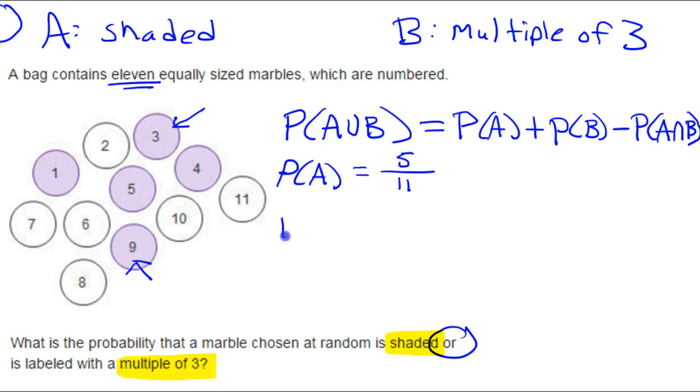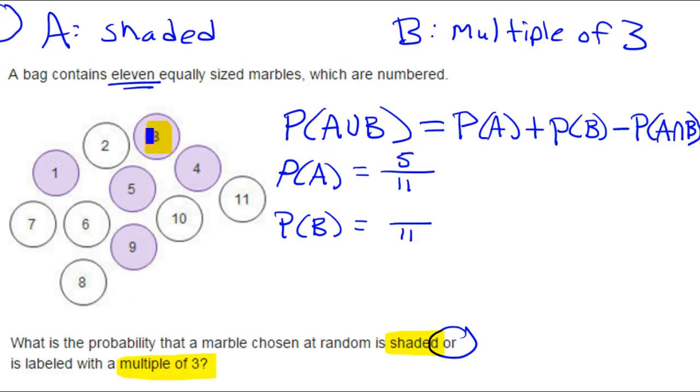Now, let's talk about the probability of picking a multiple of 3. The probability of event B. Well, again, the total number of marbles is 11. So the probability of picking a multiple of 3, let's see how many of those there are.